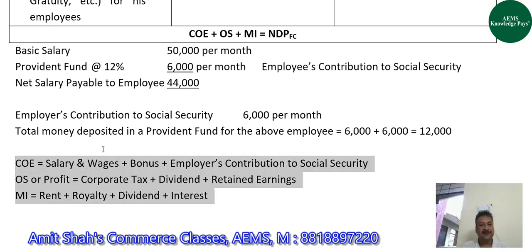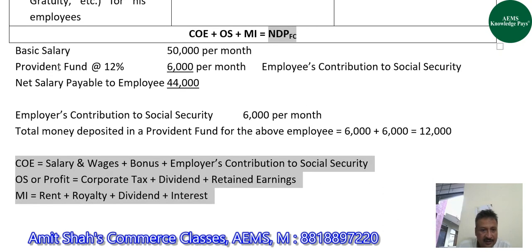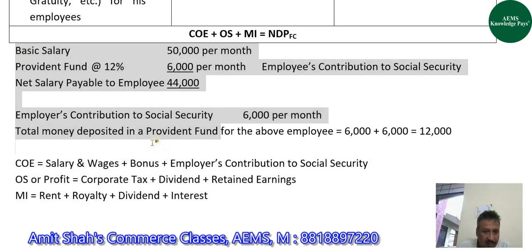And the sum total of these three is NDP at FC, right? So guys, note down this also. This part I have written only for your understanding.